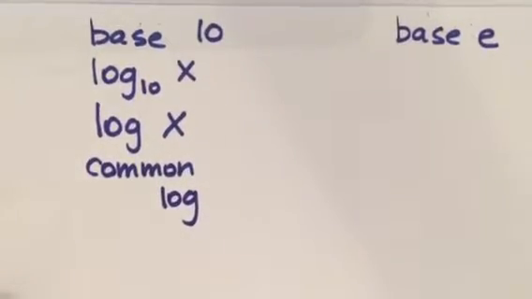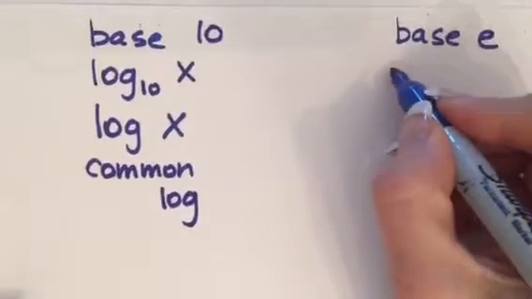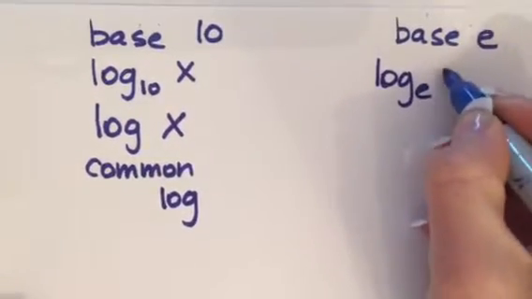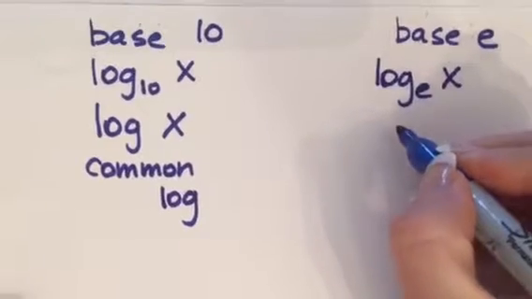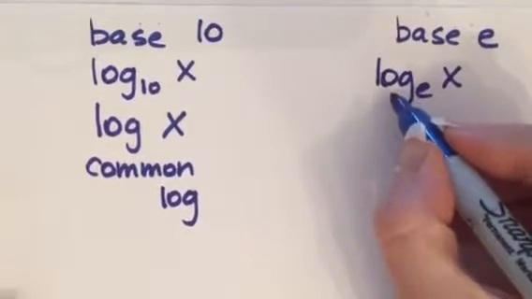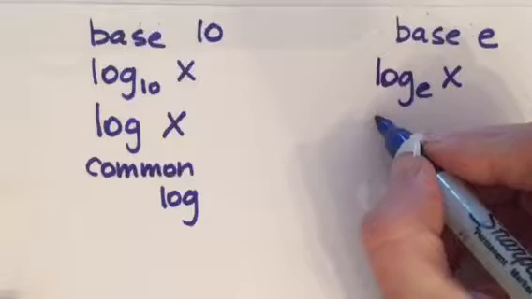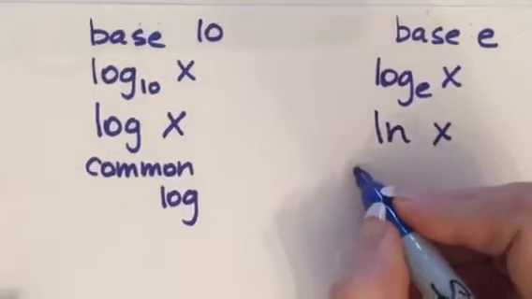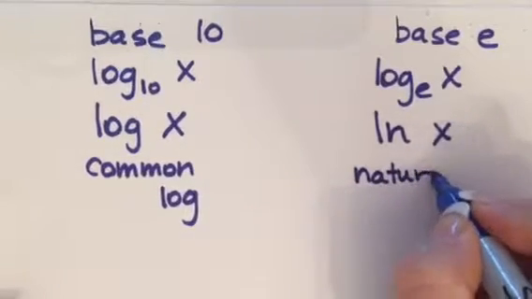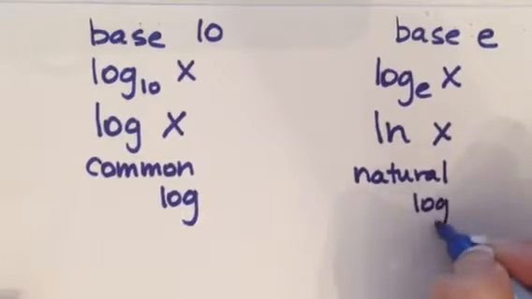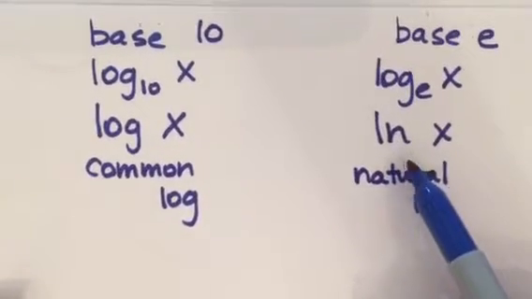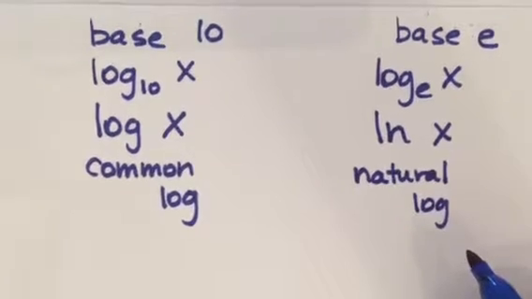When we discuss logarithms with a base of e, something along the lines of log base e of x, instead of writing log, we say that this is ln of x, otherwise known as the natural log of x, or log natural, which I think is where the ln comes from.